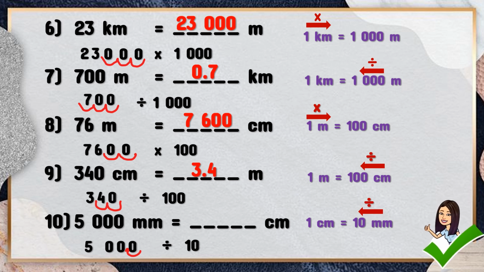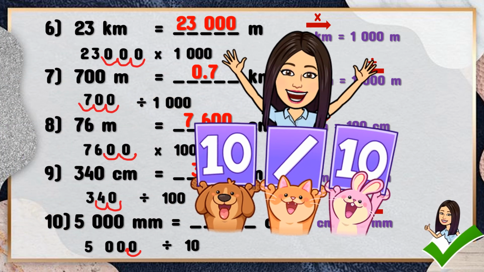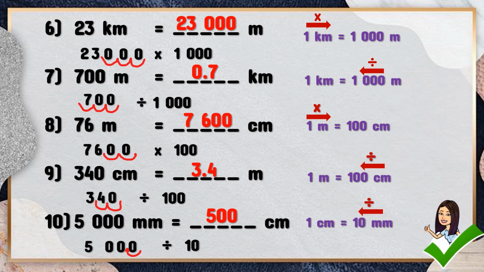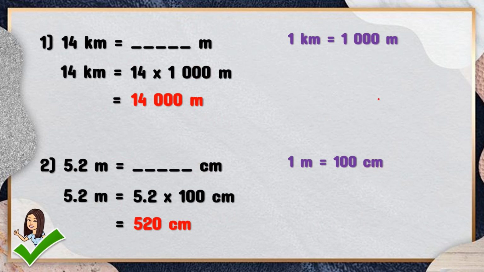So 5,000 millimeters is equal to 500 centimeters. And for those who did the long computation, these are the solutions.